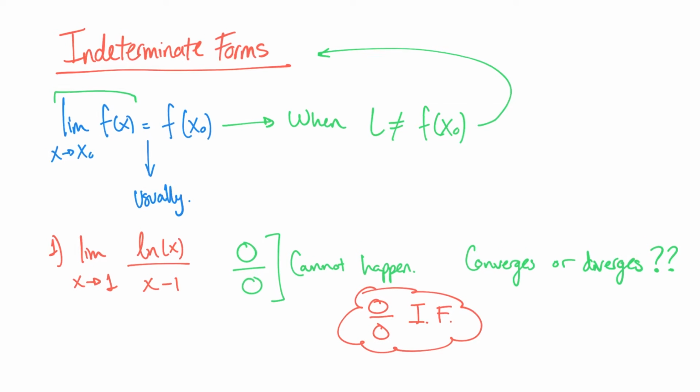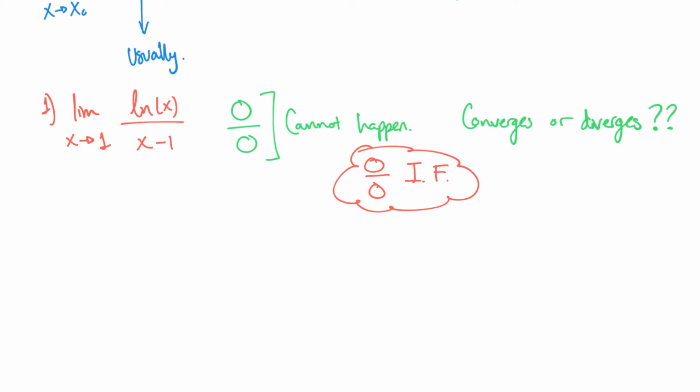Okay? And then basically what happens in these cases is that we have to go ahead and try to move things around a little bit, do a few tricks to see if we can actually find whether it converges or diverges. In this case, we're going to use L'Hopital's rule, which you can probably find in a different video.